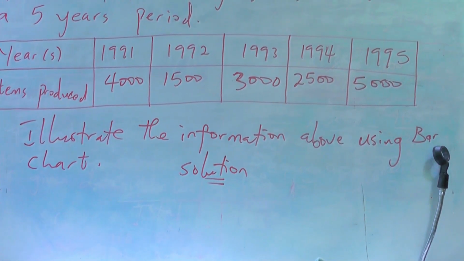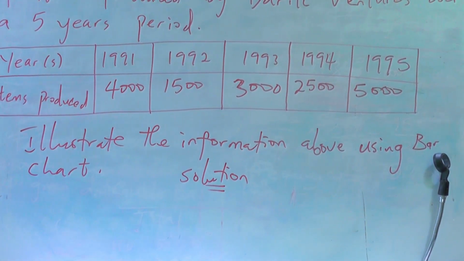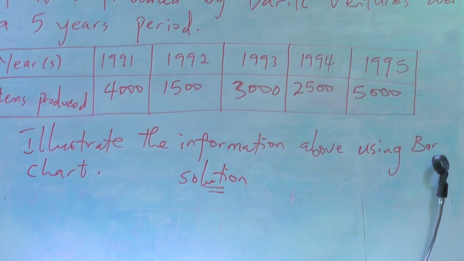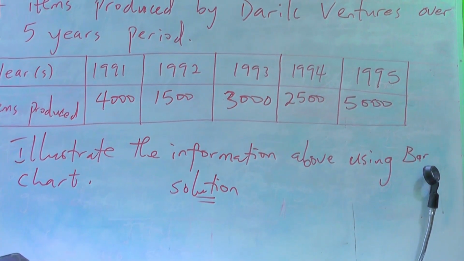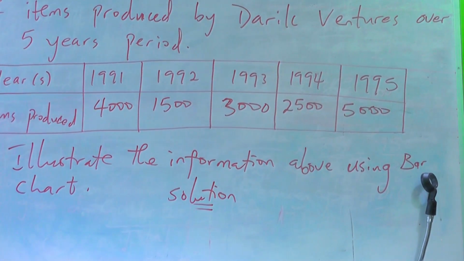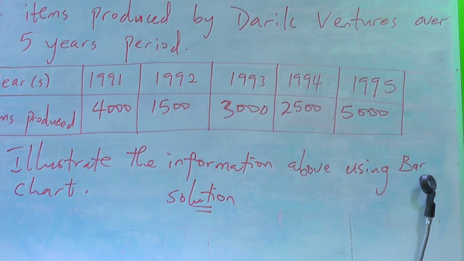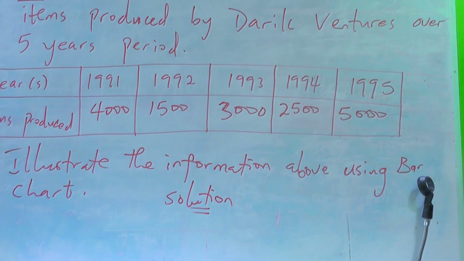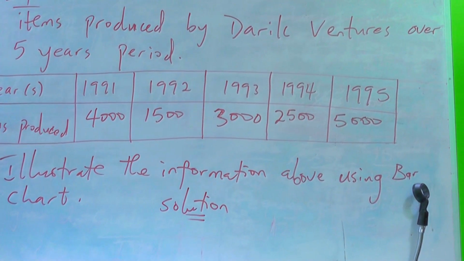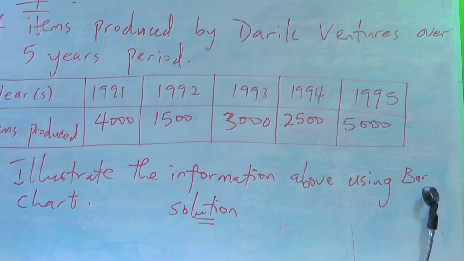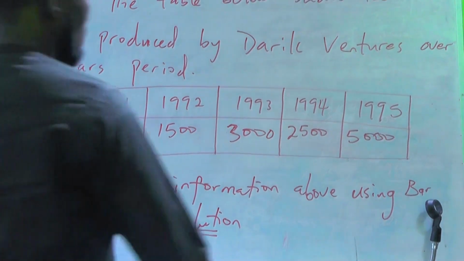Don't forget that the items produced will be on the frequency side, and the number of years will be on the x-axis. The items produced will be vertical, that is on the y-axis, and the number of years will be horizontal, that is on the x-axis. That is how you are going to arrange it.